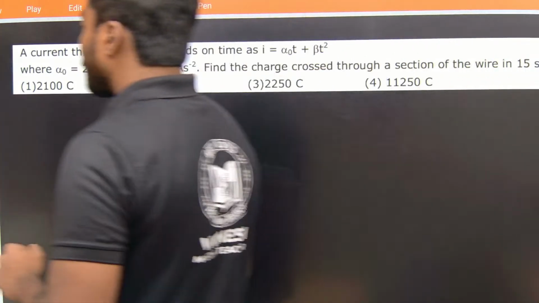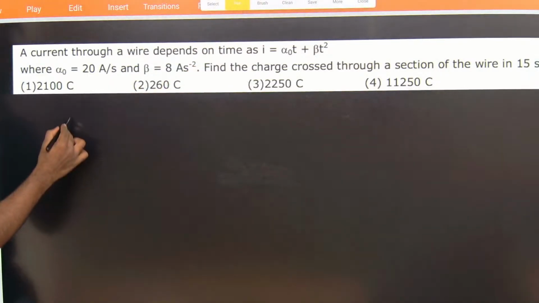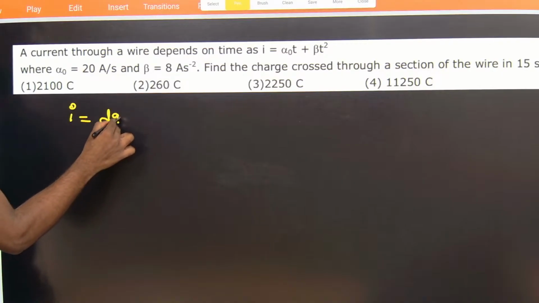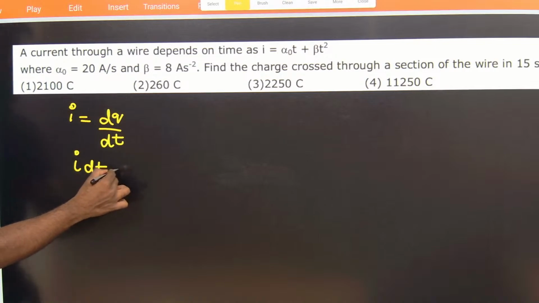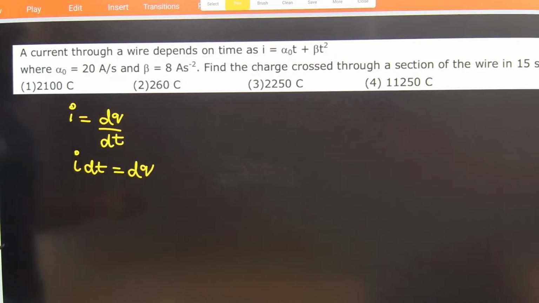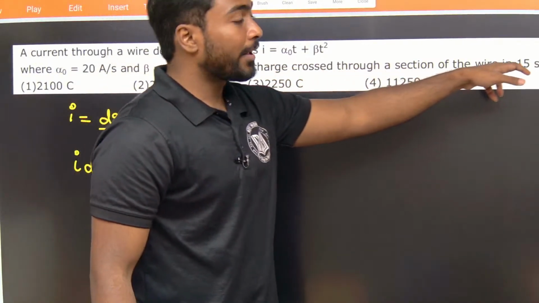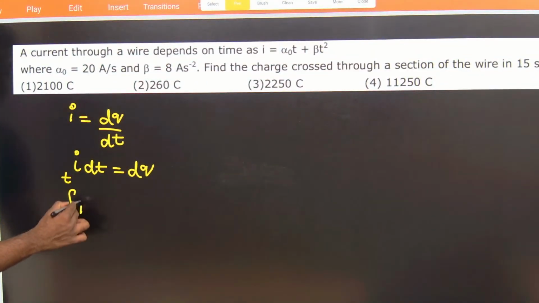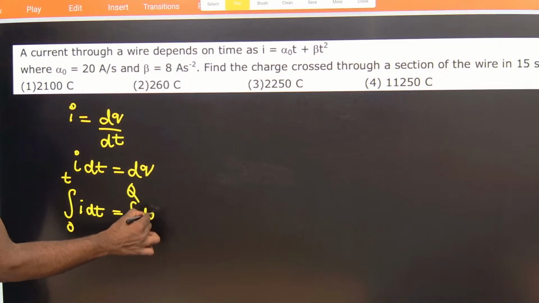The thing we know is I is dq by dt, so I dt is equal to dq. Now integrate it. They are asking for the charge crossed in 15 seconds, so the integral from 0 to t of I dt is equal to the integral from 0 to q of dq.